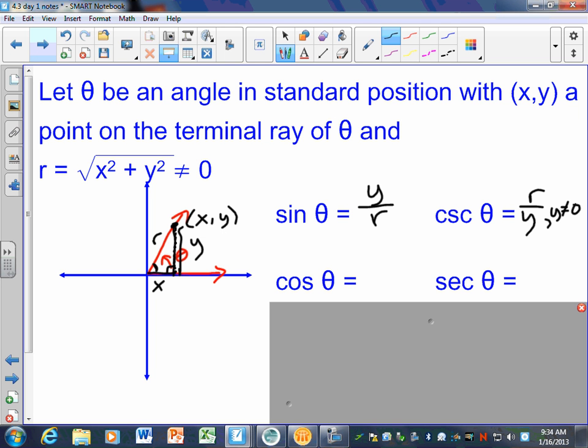Hopefully you know that cosine is adjacent over hypotenuse. Using this picture, what is the adjacent side going to be? X, and the hypotenuse is still going to be r. So that means the secant, we could flip it over and say that's r over x, where x wouldn't be allowed to be 0 or it would be undefined.